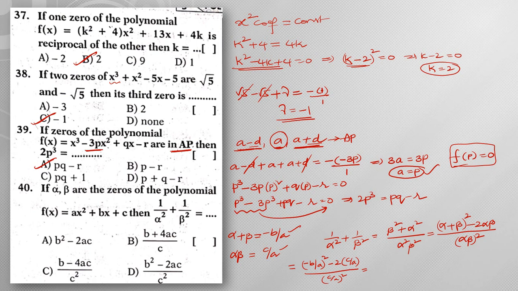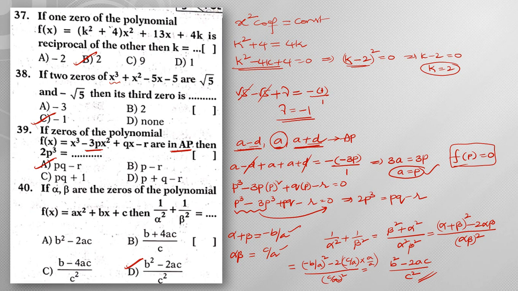Since all the denominators should be a square, I multiply and divide the c by a term by a, then all the denominators become a square. So we get b square minus 2ac by c square. Hence option D will be my answer, right?